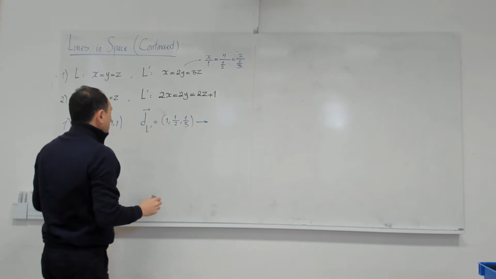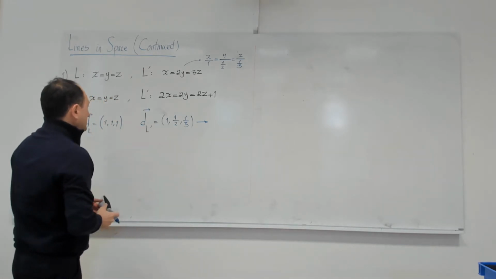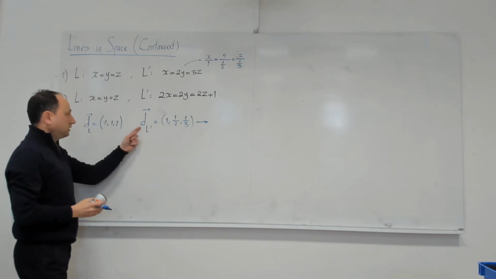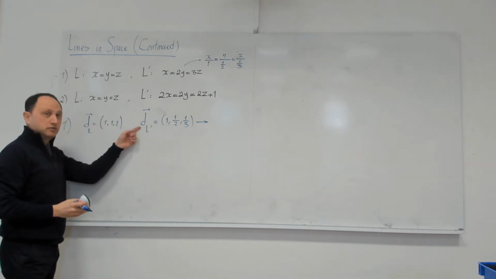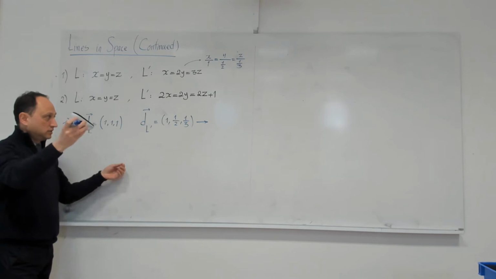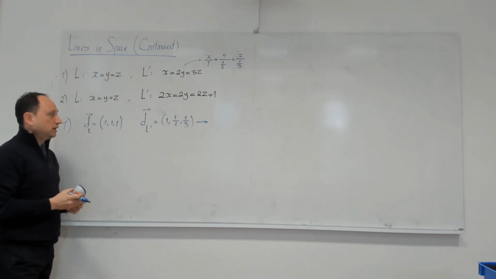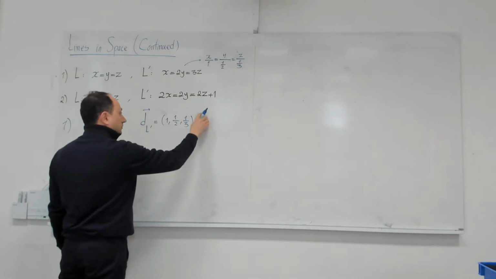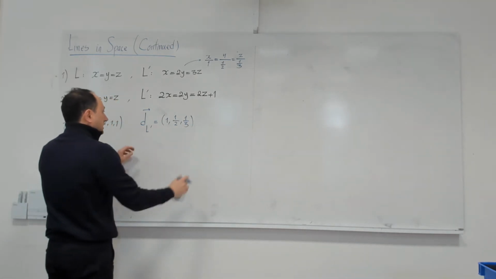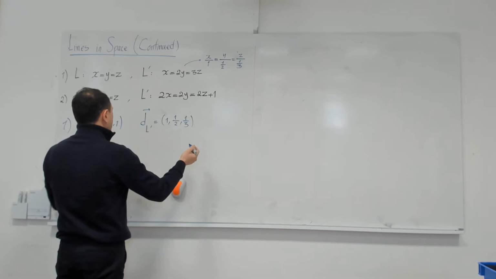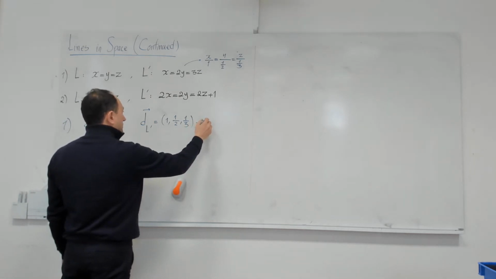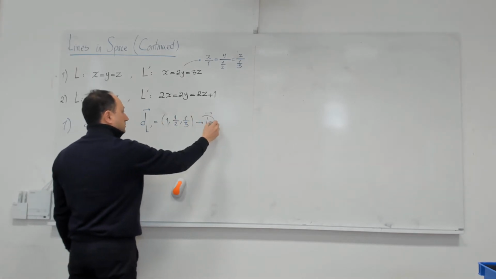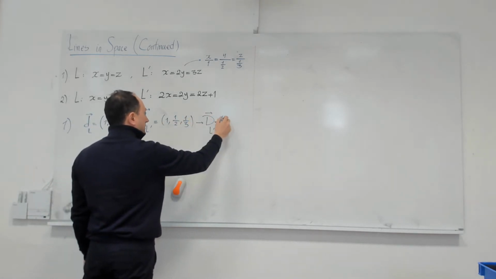And by the way, because working with fractions is a little bit annoying, I can rescale it, because what matters for a direction vector is its direction, along which line it is. So I will rescale it, and I have to change the name as well. So let me just write it as, I don't know, d of L prime. I multiply everything by 6 because I want to get rid of fractions.